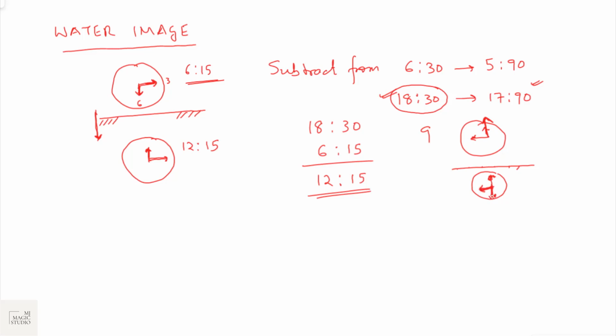So we can see that it is something around 9:30, which we can see easily if we subtract from 18:30. Subtract 9 from 18:30, you will get 9:30, and that is the water image. So follow this drill. Whenever water image questions are asked, subtract it from 18:30, the best bet to find the water images.